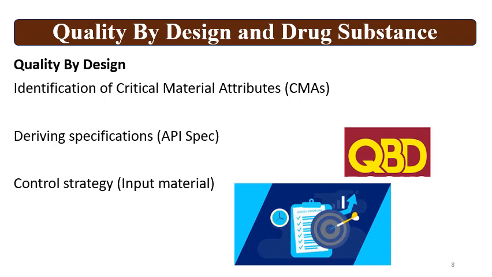That means you will derive the specification, and in each batch you will control the drug substance input through the control strategy. For example, you have fixed the particle size of D90 not more than 50 micron, then through the control strategy and specification, you will not take API with D90 of 60 micron into your batch manufacturing.